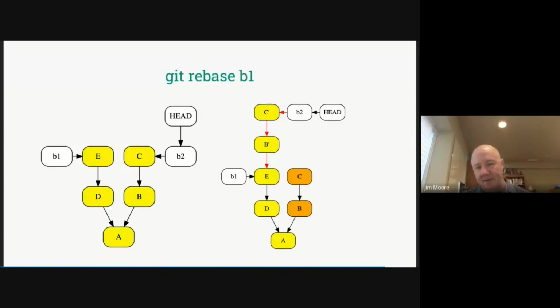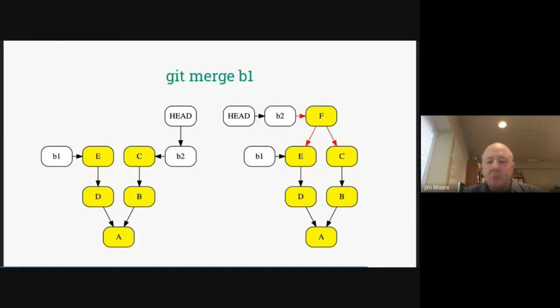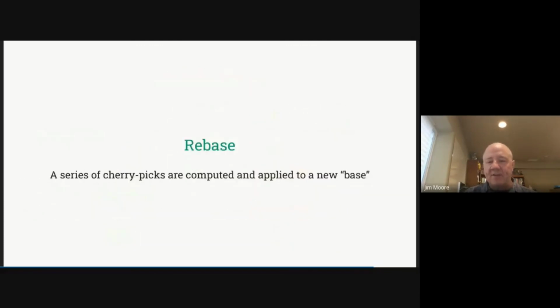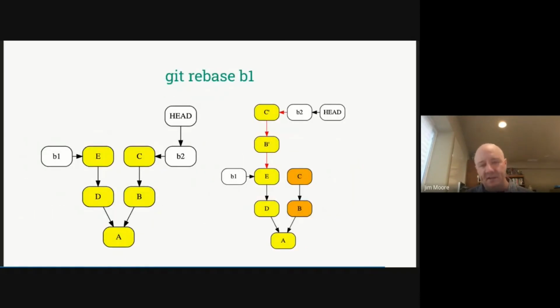Now, what's really nice about this is that it means that instead of having a situation like this where you've got multiple parents that you have to follow, you have exactly one parent to follow. In other words, instead of branching around all over the place, you have a linear history.